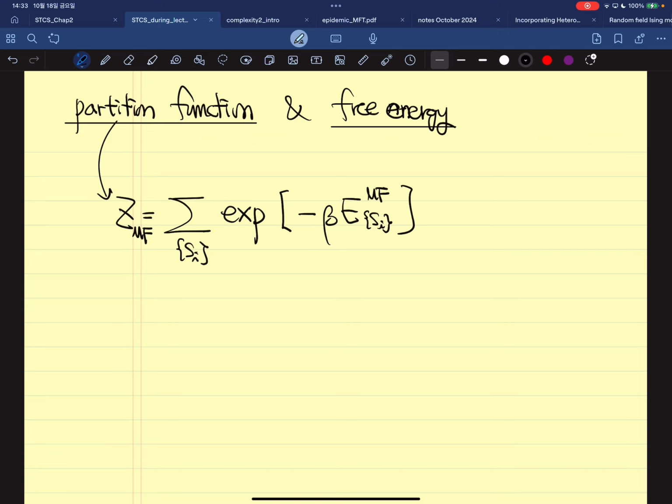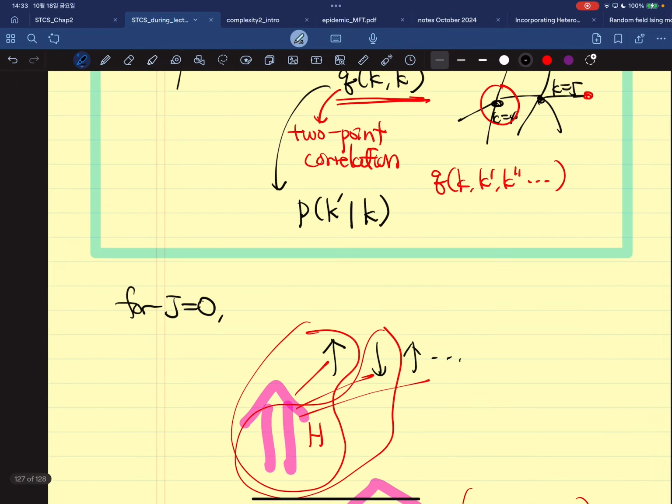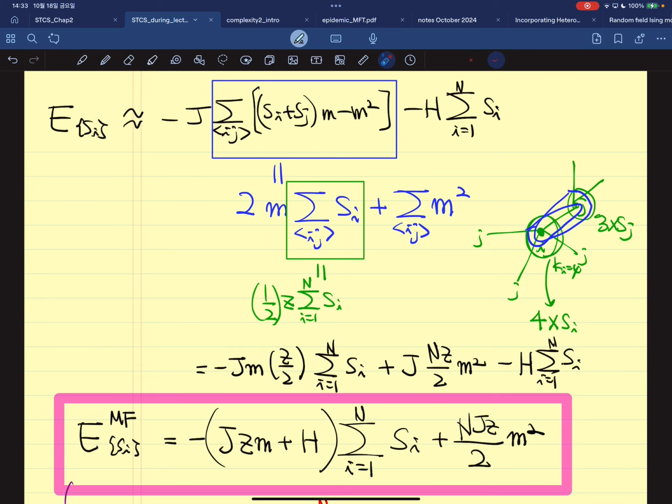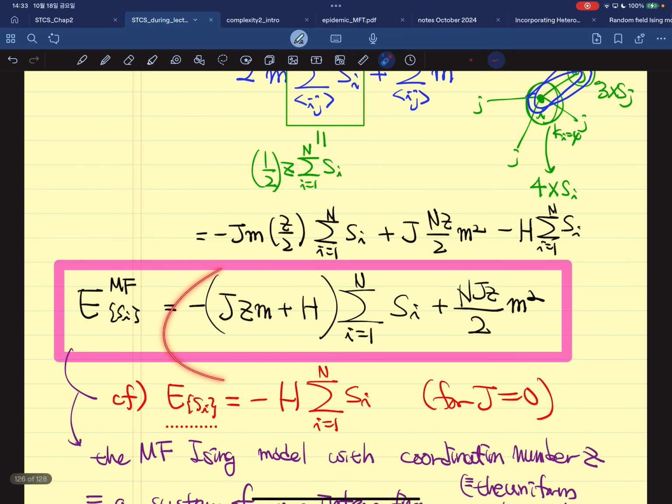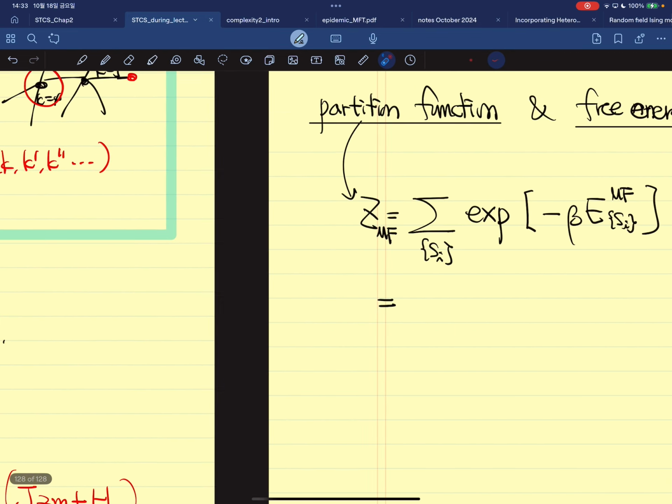And we can just substitute the mean field energy function there. So the mean field energy function was like this one. So we can just put it there.